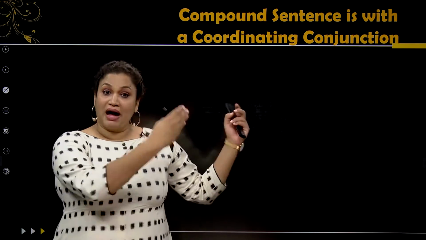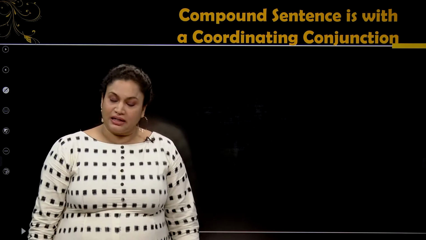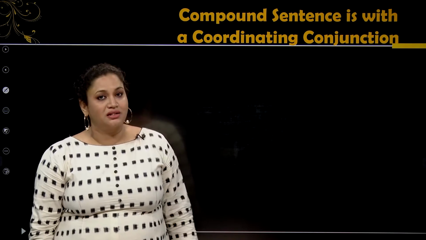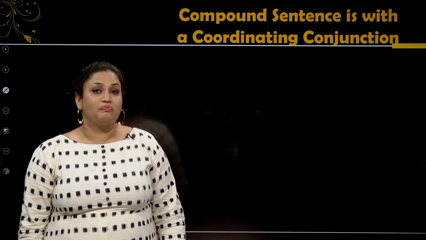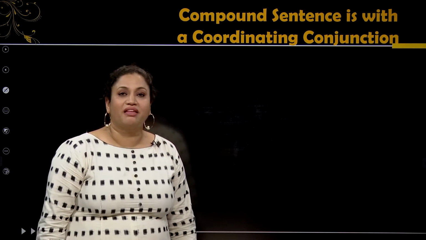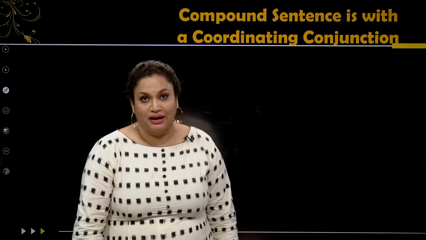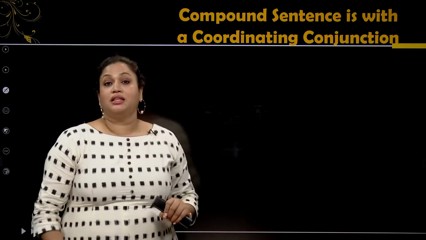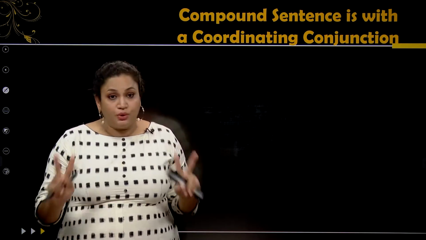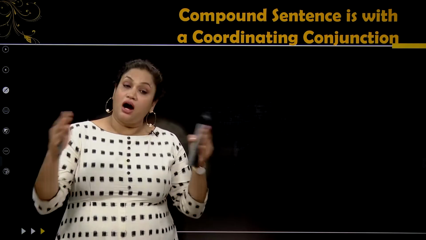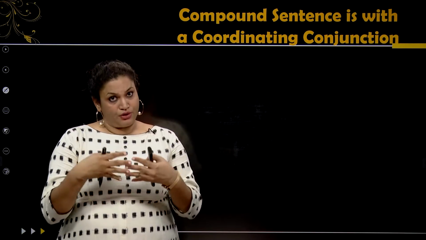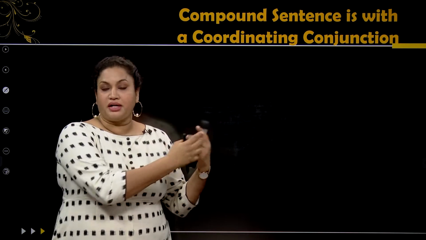But now the compound sentence is basically, I again tell you, go to the session on phrases, clauses and conjunctions and just check them. You will have an amazing understanding of what I'm speaking. But anyway, compound sentences are basically two independent sentences that are joined together using a coordinating conjunction.